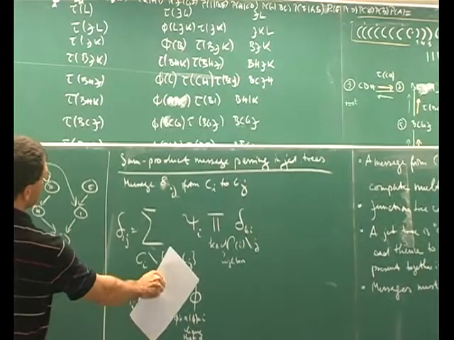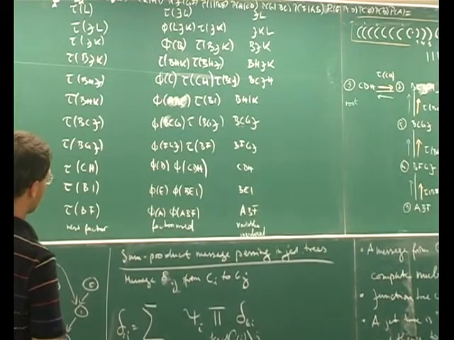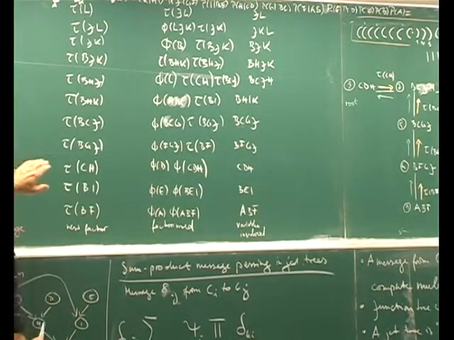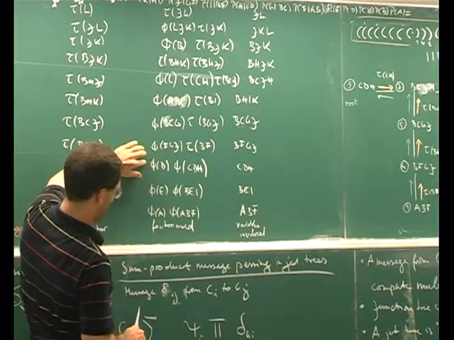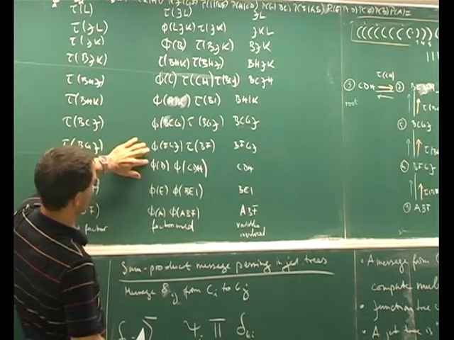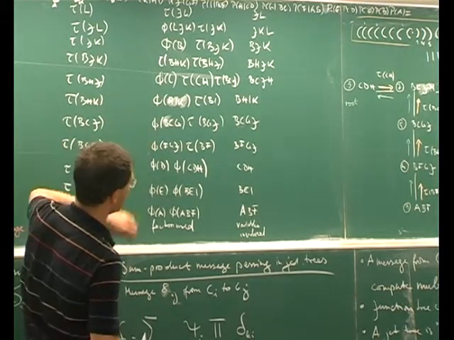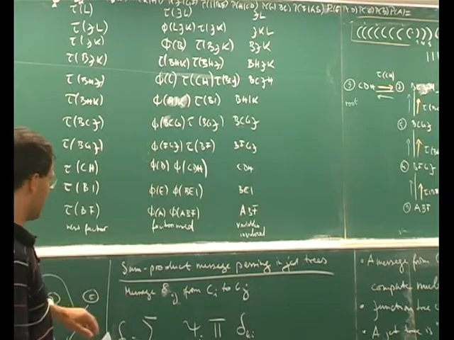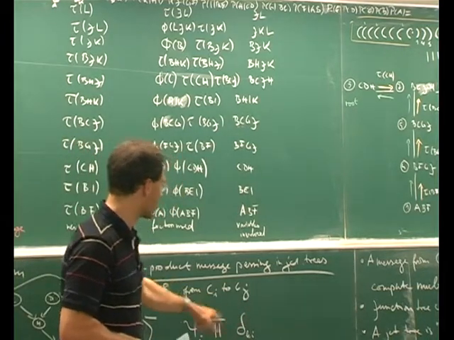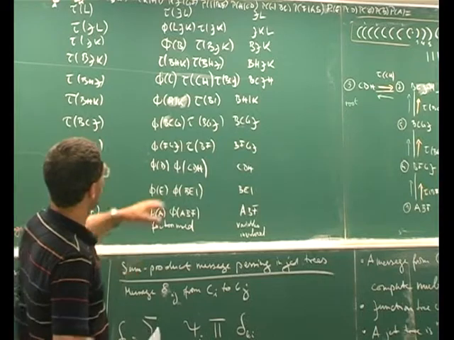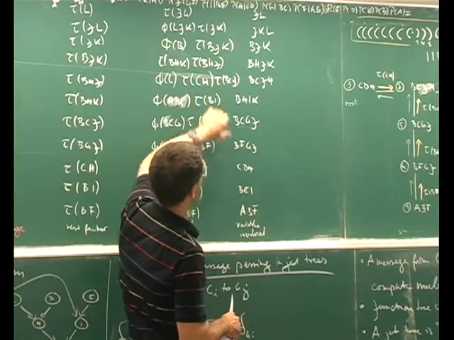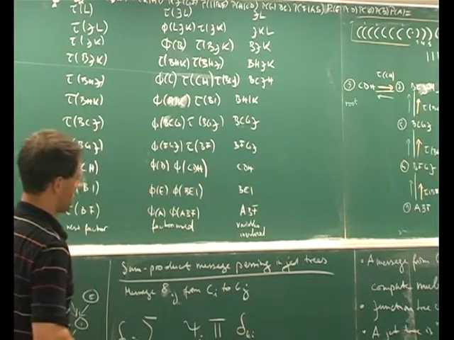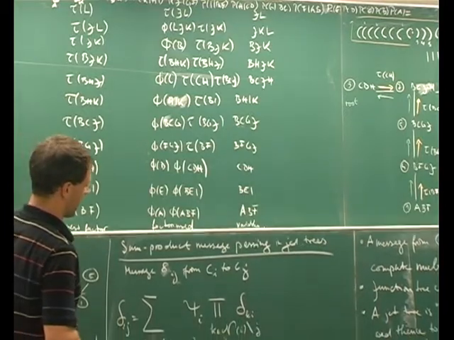So in other words, these psi's summarize the terms that had here been written as phi's, and the product of the incoming messages corresponds to these tau's here, or to the products of these tau's.